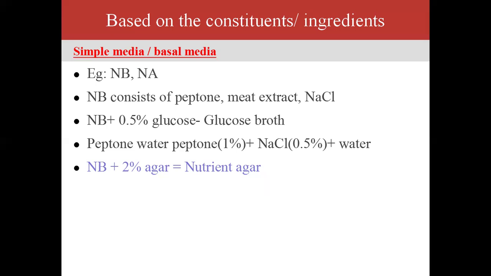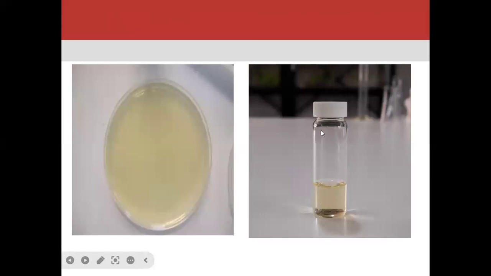This nutrient broth and nutrient agar are the simplest and routinely employed medium in the laboratory for diagnostic purposes. As I told you, if the concentration of agar is reduced, that is instead of 2%, if we reduce it to 0.5%, it will become a semi-solid media. What is the purpose of semi-solid media? To check the motility of the bacteria. In the picture you can see this is the nutrient broth and nutrient agar.